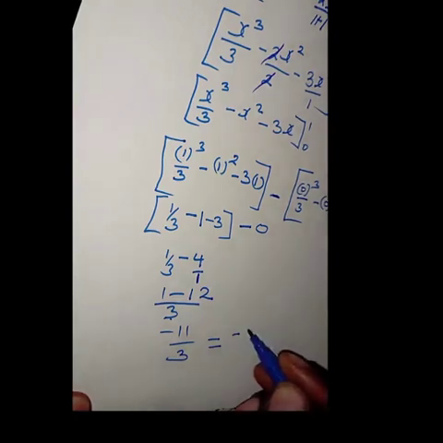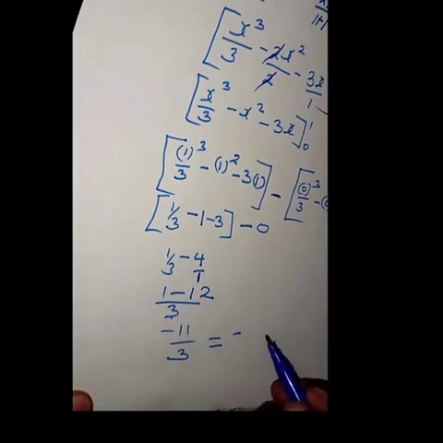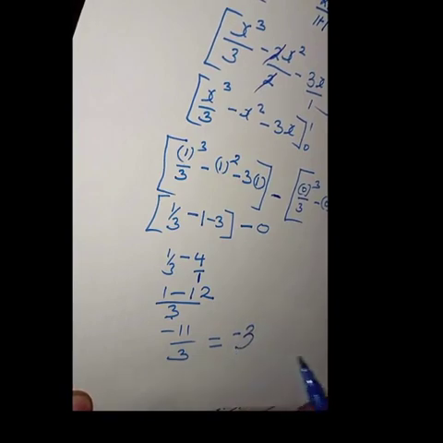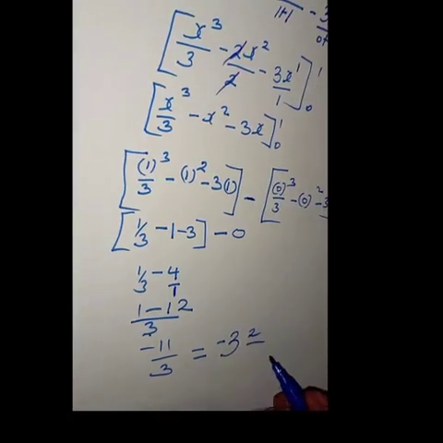It's 3, so 3 times 3 is 9, meaning remainder 2. What's the remainder from 11? That is 2 over the same 3.